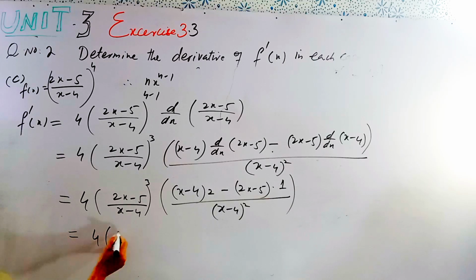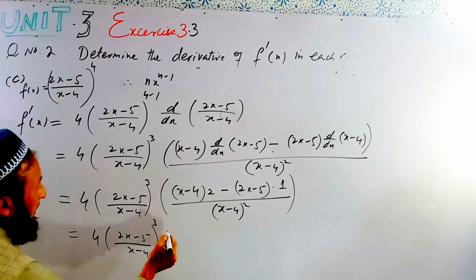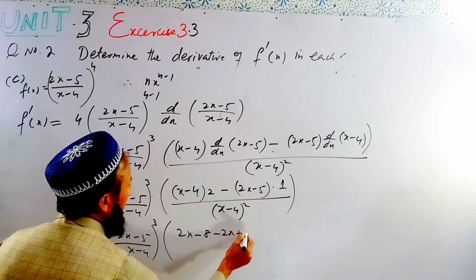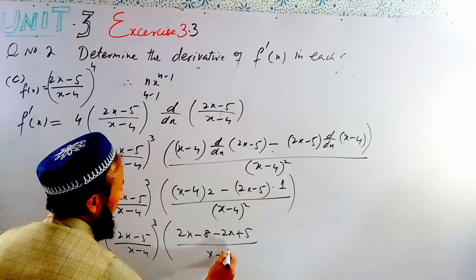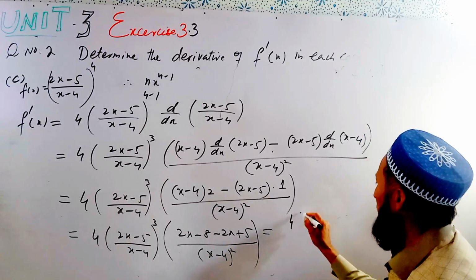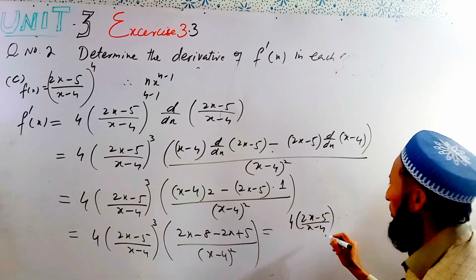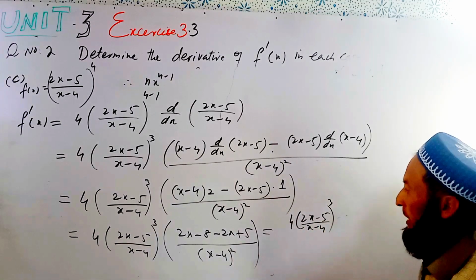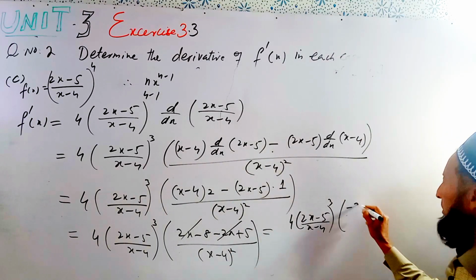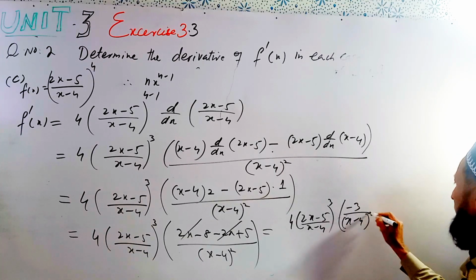So 4 into ((2x − 5) divided by (x − 4)) whole cube, and we multiply (2x − 8 − 2x + 5) divided by (x − 4) whole square, is equal to 4 into ((2x − 5) divided by (x − 4)) whole cube, and here 2x cancels with minus 2x, −8 plus 5 we get −3, divided by (x − 4) whole square.